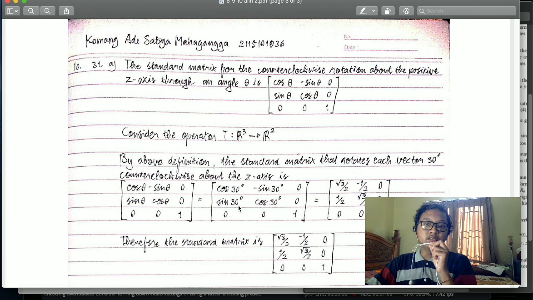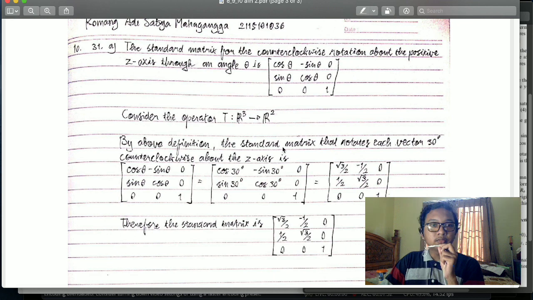If you remember, cos 30 degrees is root 3 over 2, minus sin 30 degrees is minus 1 over 2, and sin 30 degrees is half, and cos 30 degrees is root 3 over 2. Therefore the standard matrix is this result.